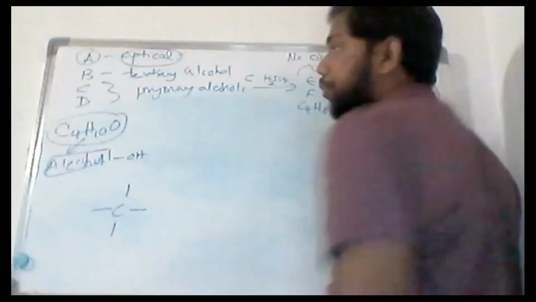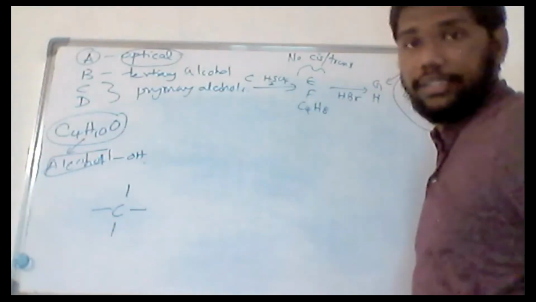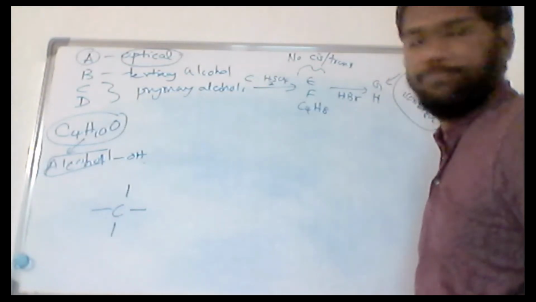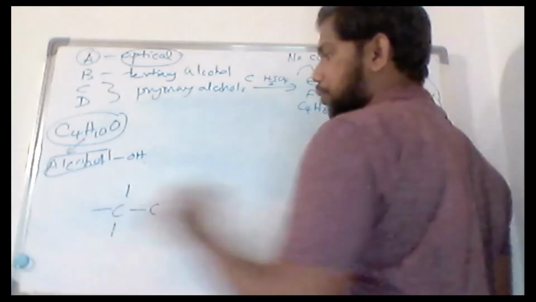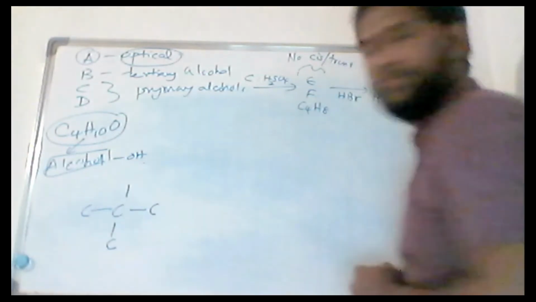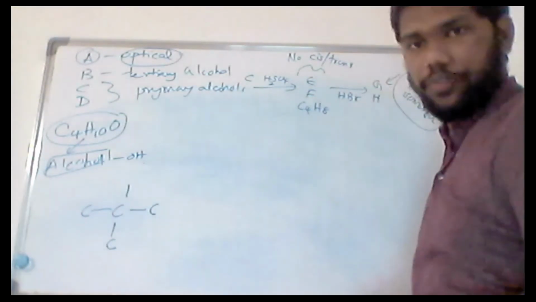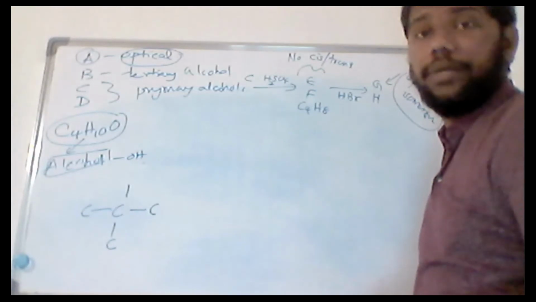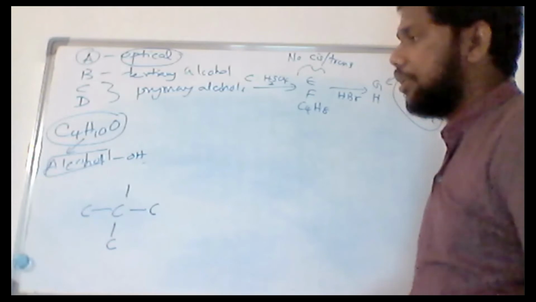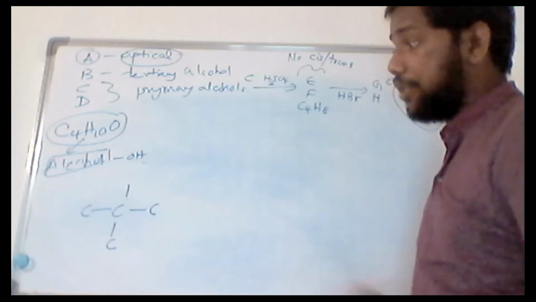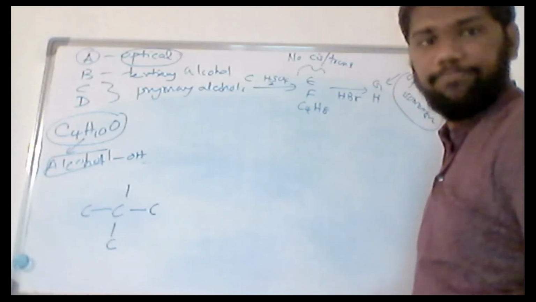So how do you use these 4 carbon atoms to determine the optical activity of A? There should be 4 different groups. If I add these 4 carbons like this, it's a problem because this does not become an optically active compound. So there should be a way to arrange them to get optical activity.